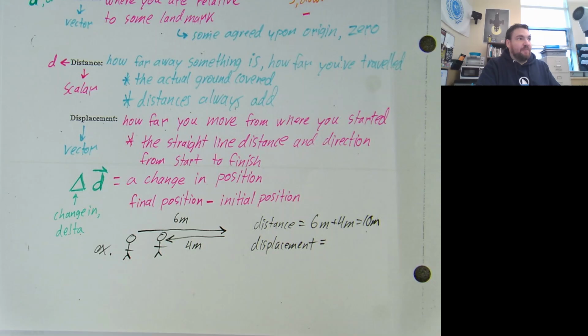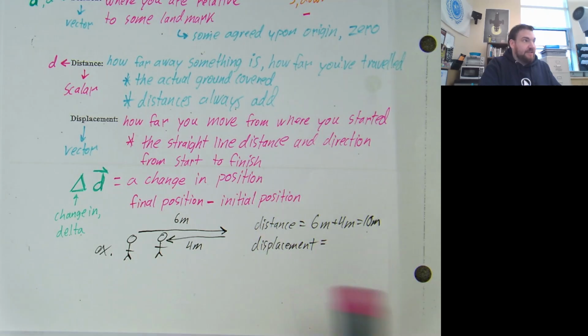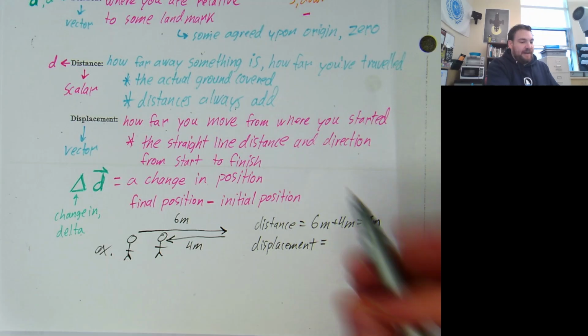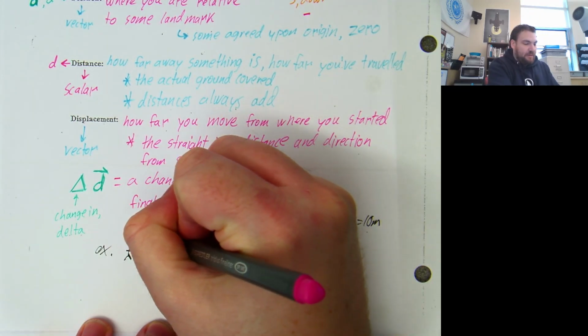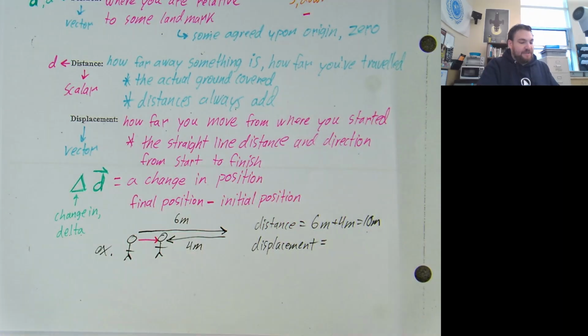The path you took is irrelevant. All it cares about is I was here, now I'm there, and this is how far it is and the direction from here to there. So this black line that we drew has nothing to do with displacement. This pink line I'm about to draw has everything to do with displacement.